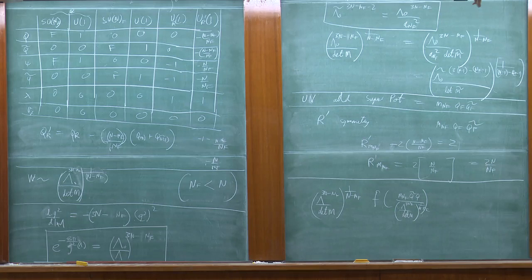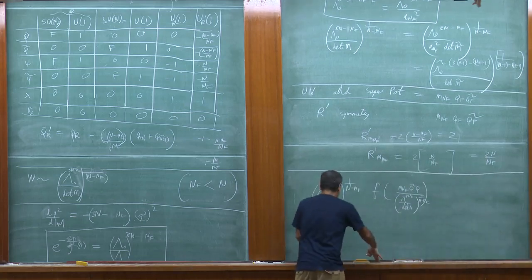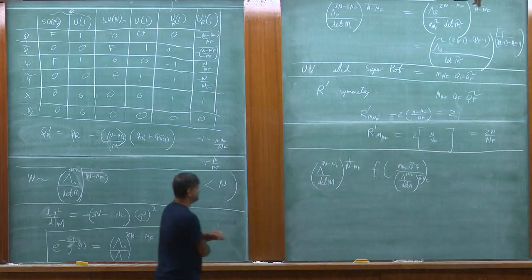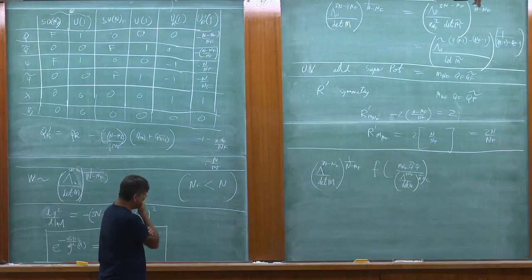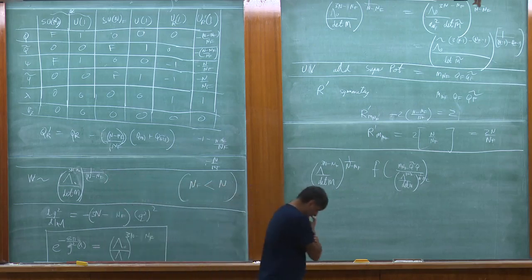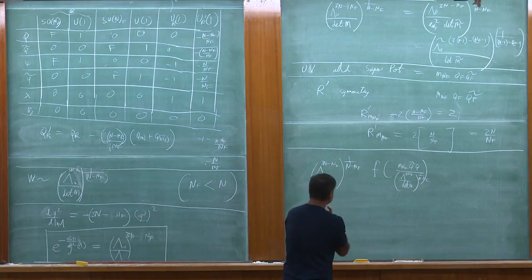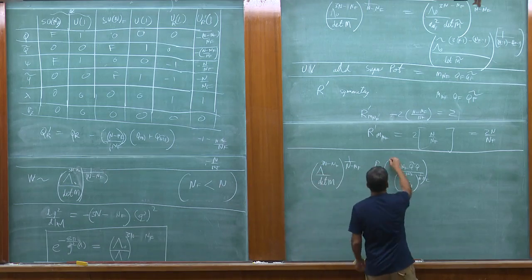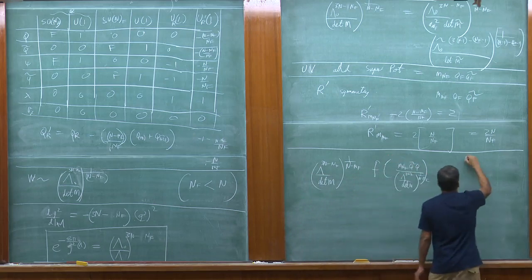Now this is the argument that these guys give. The argument goes as follows. Let us suppose that we were working with M and F small.